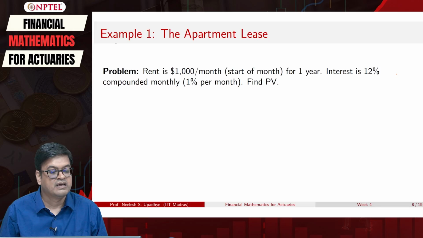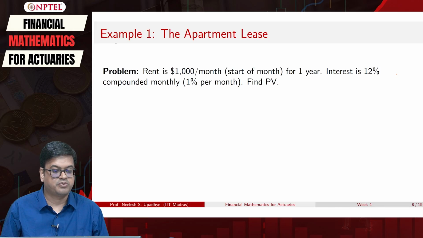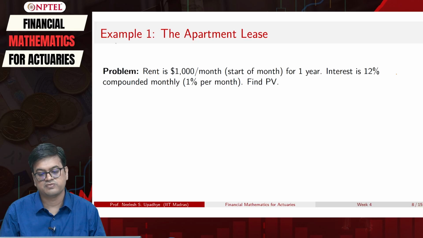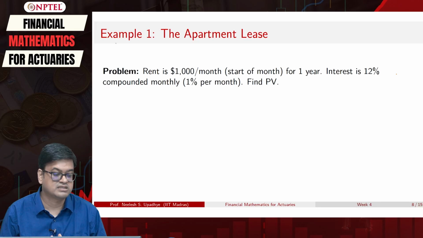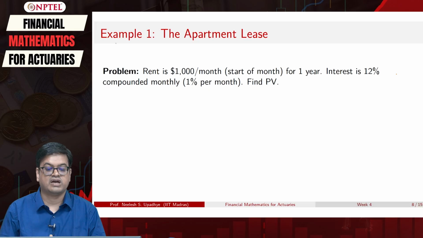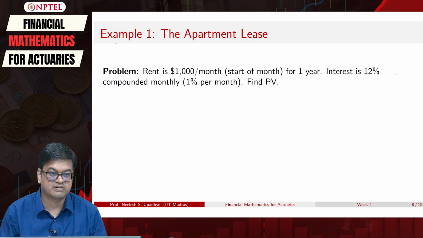Okay. So, the problem is rent is $1,000 per month at the start of month for 1 year. Interest is 12%, which is compounded monthly, that is 1% per month, and therefore I am asked to find present value. It is very clear, right.